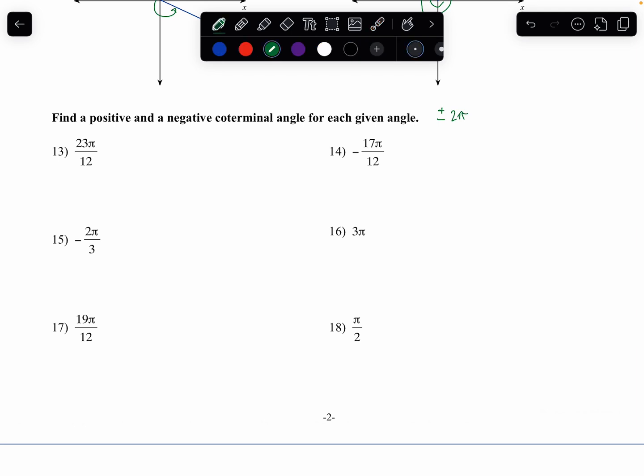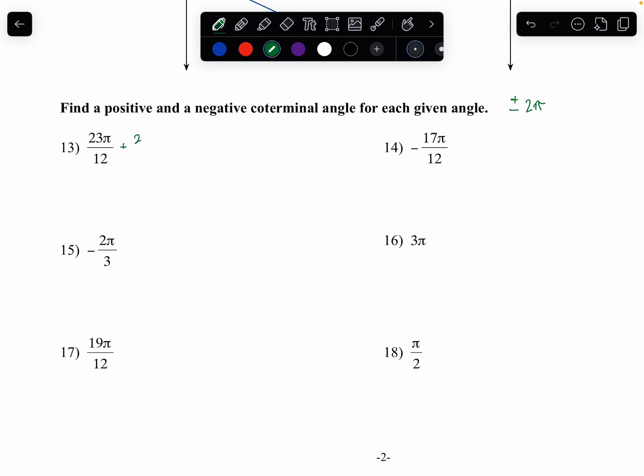So in this case right here, I'm going to add 2 pi. But I can't add this right here because they don't have a common denominator. So to get a common denominator, you multiply 2 by the value of the denominator, so 2 times 12 is 24. So if I do 24 pi over 12, this is 2 pi right here, just with a denominator of 12. Now I can add these right here.